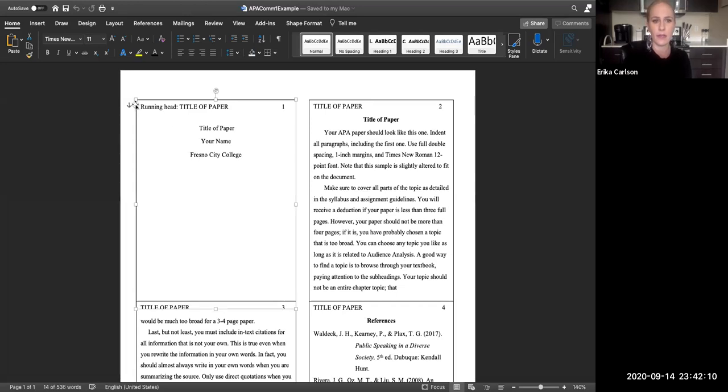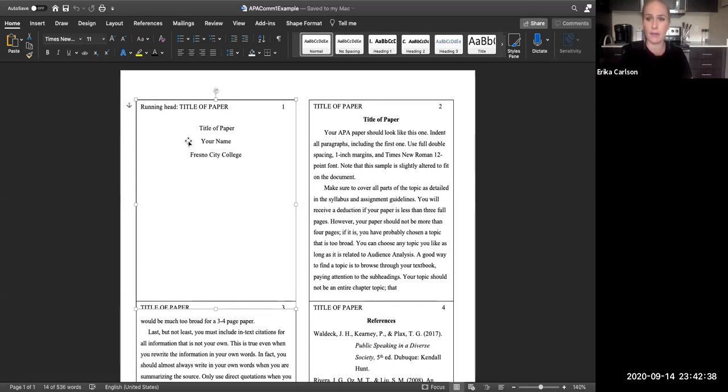After you have the running head and the page number in the header, then you're going to look at the center of the paper. You notice we have this information centered and directly in the middle of the paper. You're going to have the title of your paper listed, and this is double spaced. You're going to have your name listed, not the instructor's name. My name, Erica Carlson, should be nowhere on your paper.